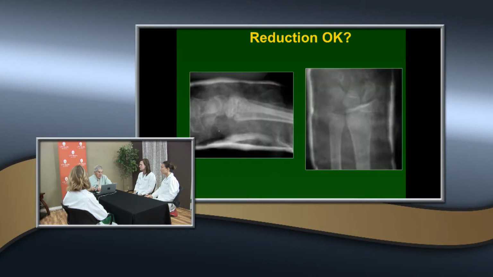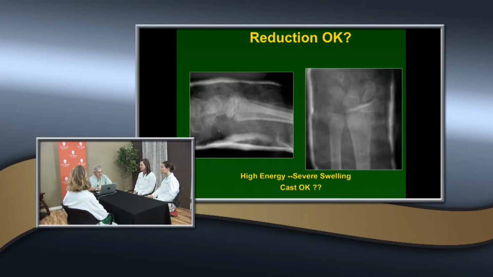So, you're a first-year resident, you just put this cast on. Is that pretty well reduced? Would you accept that reduction? Yes, sir. Okay, but it was a high energy injury and this patient had a lot of swelling. What do you think is the problem here? You're the senior resident, you come in to see the first-year resident's cast, and what's your assessment of it? There isn't a really good 3-point mold on it.